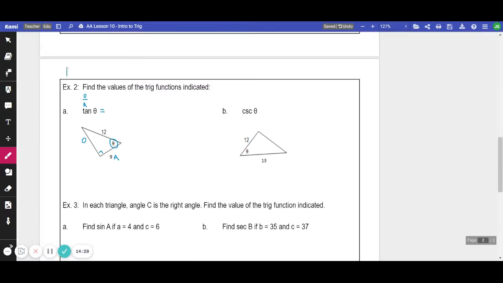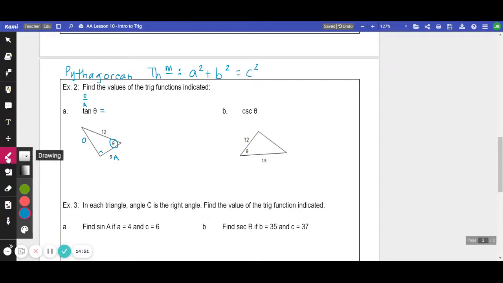Pythagorean theorem is a squared plus b squared equals c squared. And the two sides don't matter. A and B are the two legs. Doesn't matter which is which. C is the hypotenuse. C is the longest one.